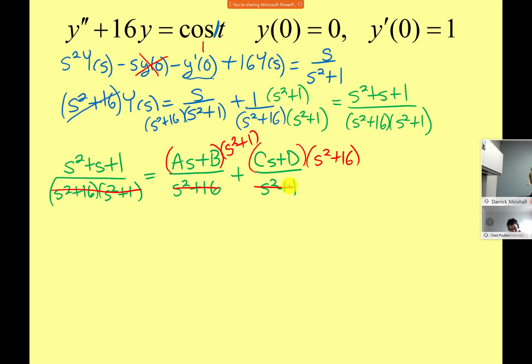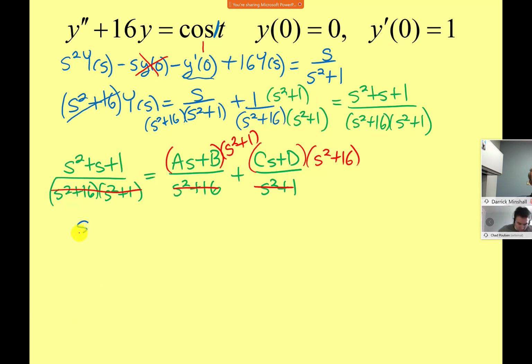Okay, this particular one I think is just going to be easiest, because there's nothing that's going to zero out with these, to just multiply it out and equate coefficients. So that's what we're going to do next.